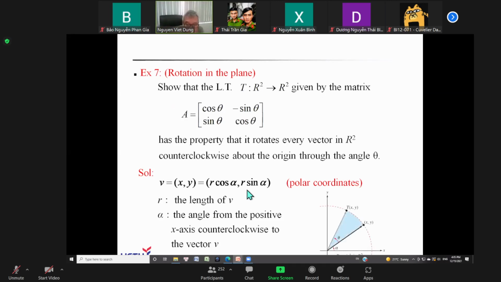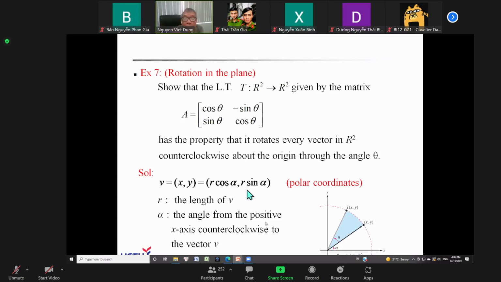So look at the picture here. Let the vector V be here with coordinates X and Y. So what is a? a is the length from here to there. And the angle alpha is here, the angle from the positive X axis to the vector V. And it is very easy for you to find that X is exactly a cosine alpha and Y is a multiplied by sine alpha.